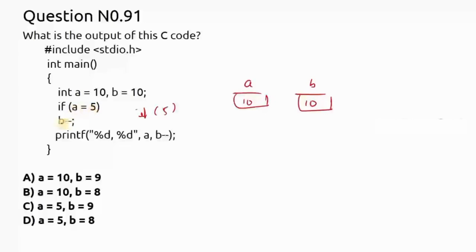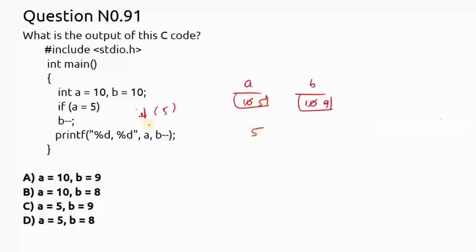So if of non-zero means it will go for b minus minus. What is the b value? 10. 10 will become 9. So if you print here percentage a comma b minus minus, what is the a value? Is it 10? No. Why? Because here you can observe a equals 5 is assigned. For the a value it is assigned as 5. That's why the a value will be 5.